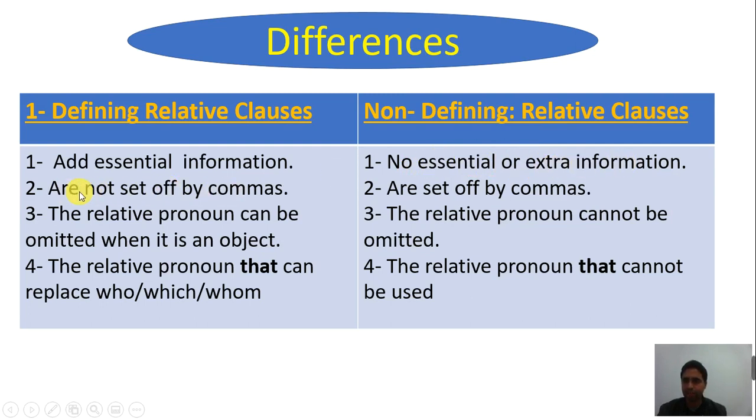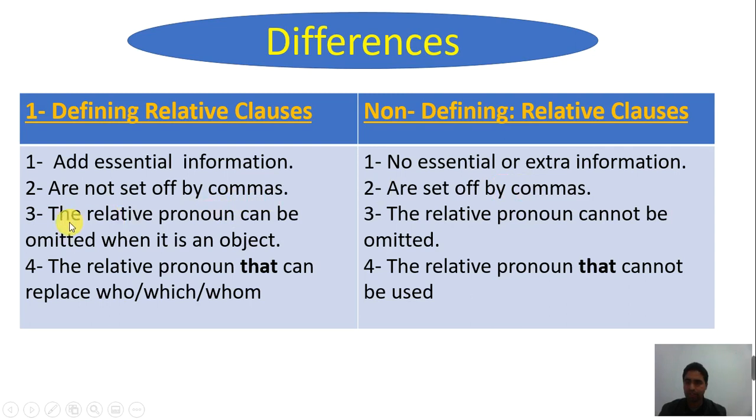The second difference is that defining relative clauses are not set off by commas. It means we don't use commas with them. And for non-defining relative clauses, the commas are an essential and necessary part of the clause.